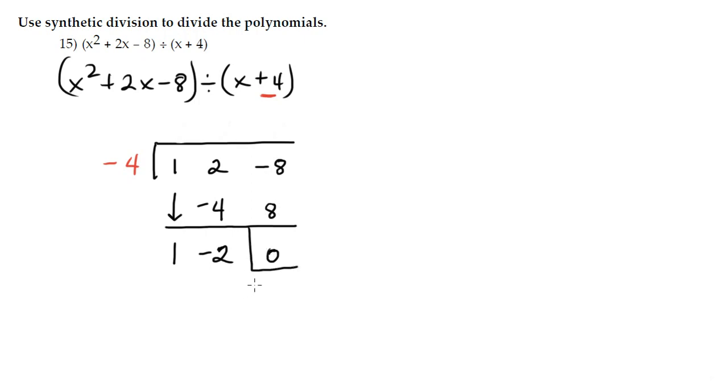This last number you get here, that's your remainder. Remainder of 0 means this binomial divides this quadratic evenly. It's a factor. I'll say more about that in a second. So when we're writing out this quotient, I started with x squared.